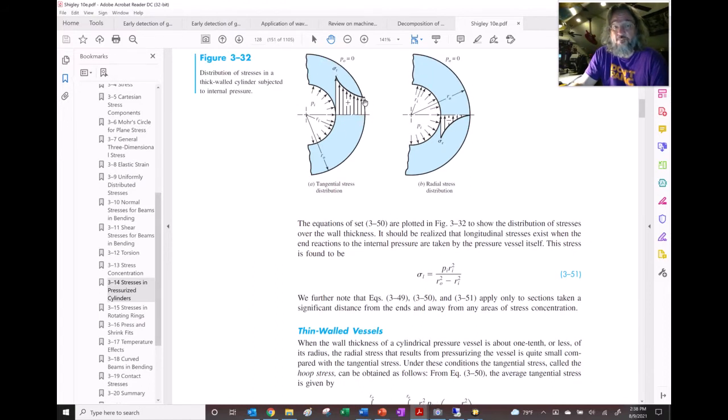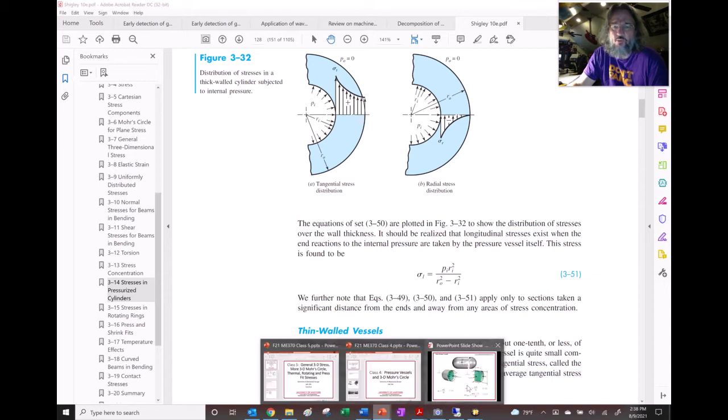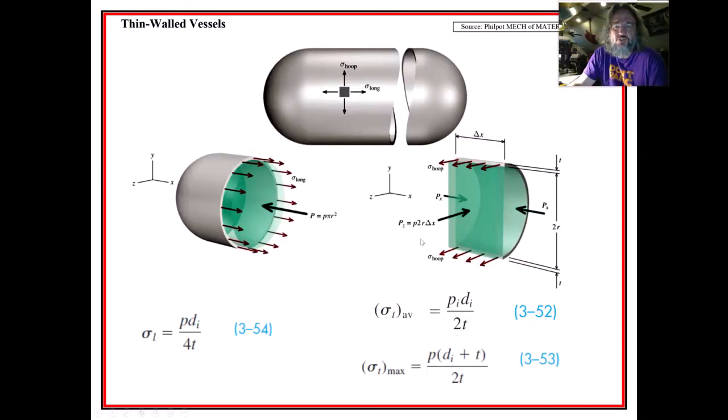So this distribution right here doesn't really matter all that much when the wall gets really thin, and we can pretend it is pretty close to being one single value.